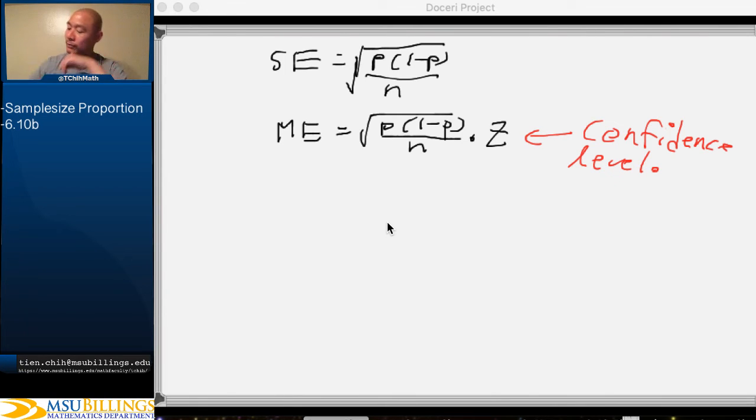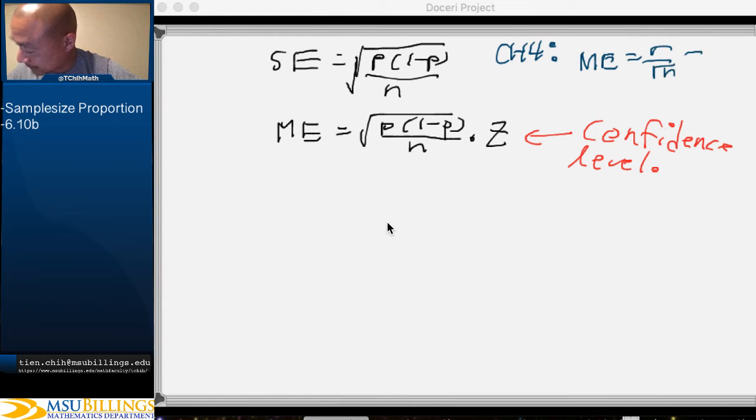And this is very similar to the setup that we used to have. Just recall from chapter 4, when we weren't dealing with proportion variables, we were just dealing with numerical variables, the margin of error was sigma over square root n times z, right? That was what the margin of error was for numerical variables in chapter 4.